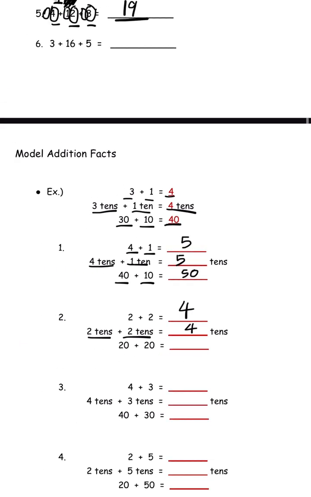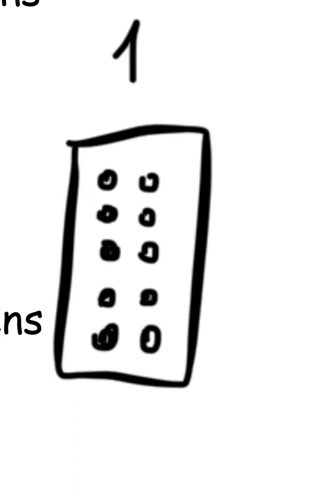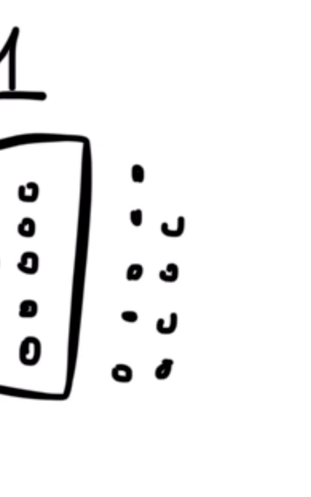To make it clear, 2 tens means there are 2 groups of tens, right? So this is one group of 10. There are 10 dots here. And then 4, 5, 6, 7, 8, 9, 10.